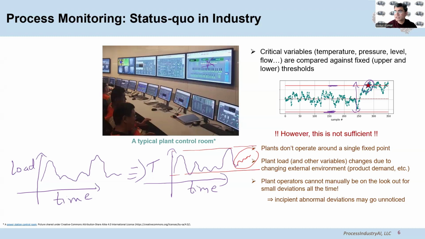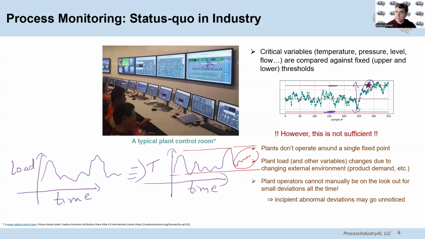How will the plant operators be able to catch this? We cannot expect the plant operators to be on the lookout for such small deviations all the time. Only in the lucky scenario that a plant operator was actually looking at this particular variable at the time of the fault would they be able to catch this problem. Otherwise, this problem will certainly go unnoticed, right?